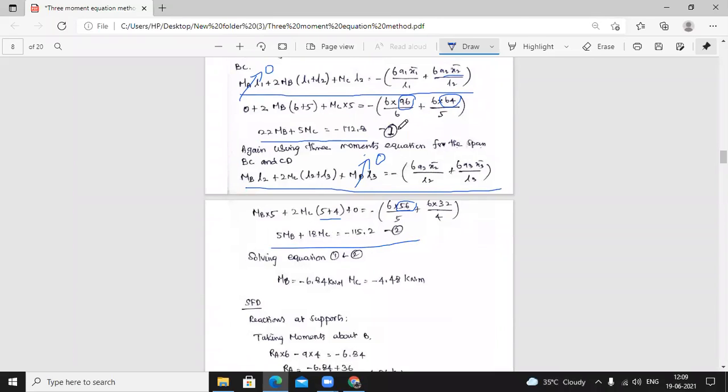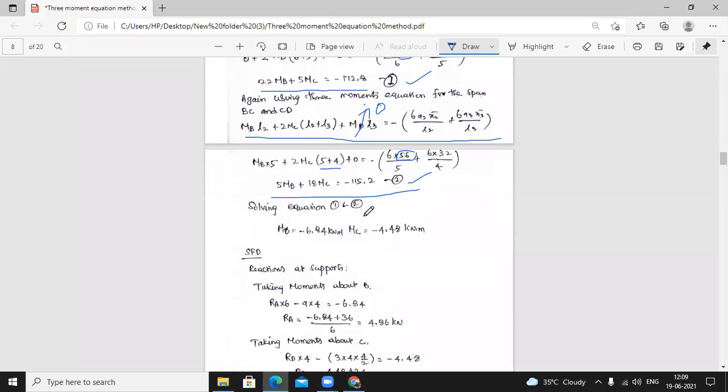So we calculated two equations, equation 1 and equation 2, because we need two moment values, MB and MC. Here also MB MC is there, here also MB MC is there. So equate these two equations. Solving these two equations, we got MB equal to minus 6.84 kilonewton meter and MC equal to minus 4.48 kilonewton meter.